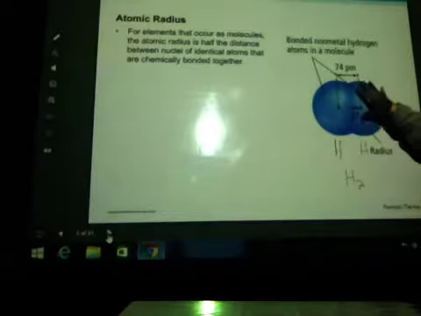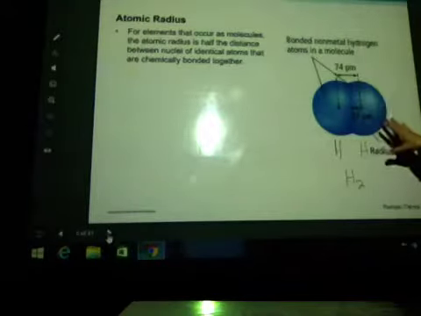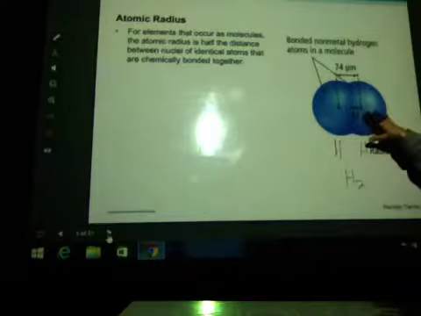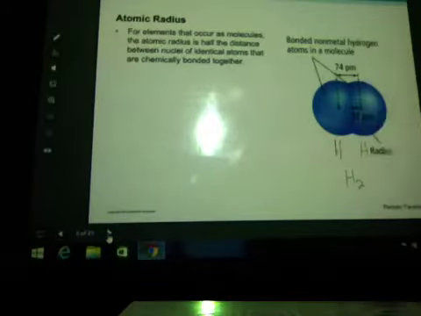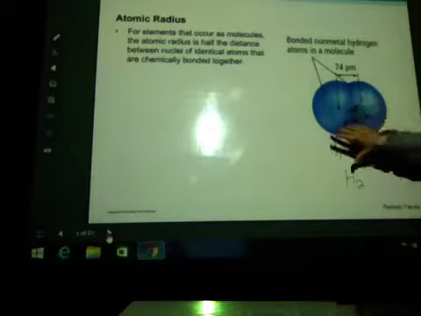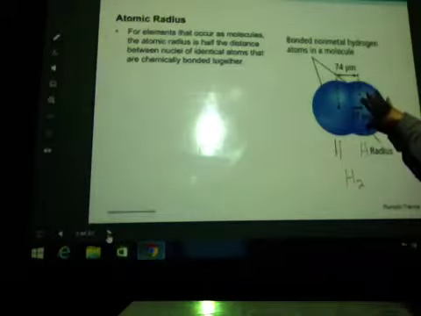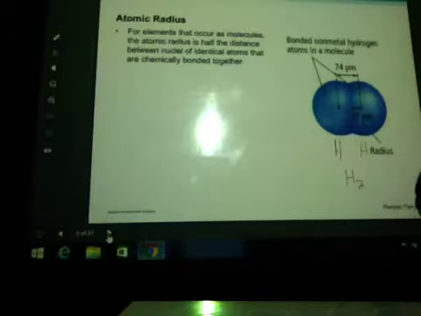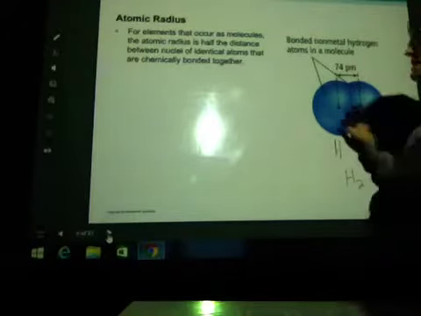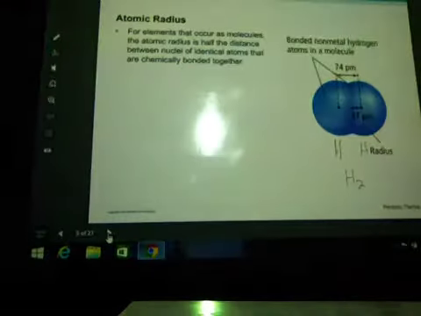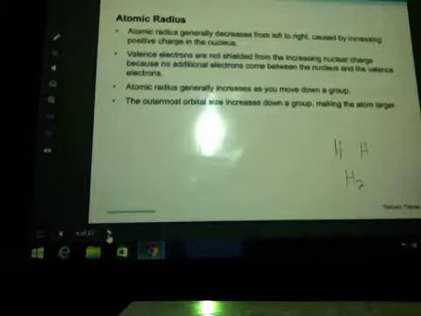And if I'm looking at a molecule, I'm actually looking at 2 atoms. Quite honestly, we'll get more into this later. For this chapter, we're focusing on 1 atom at a time. But this is how it would work when things start to chemically bond together.